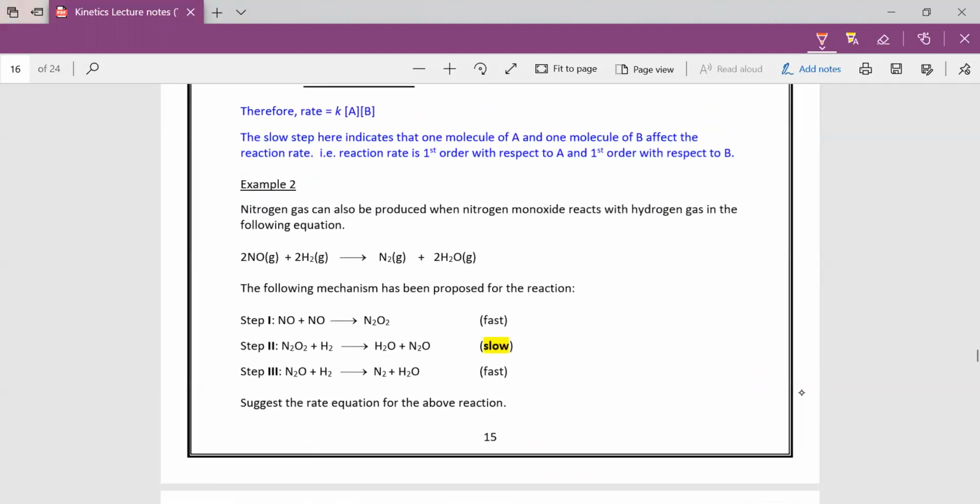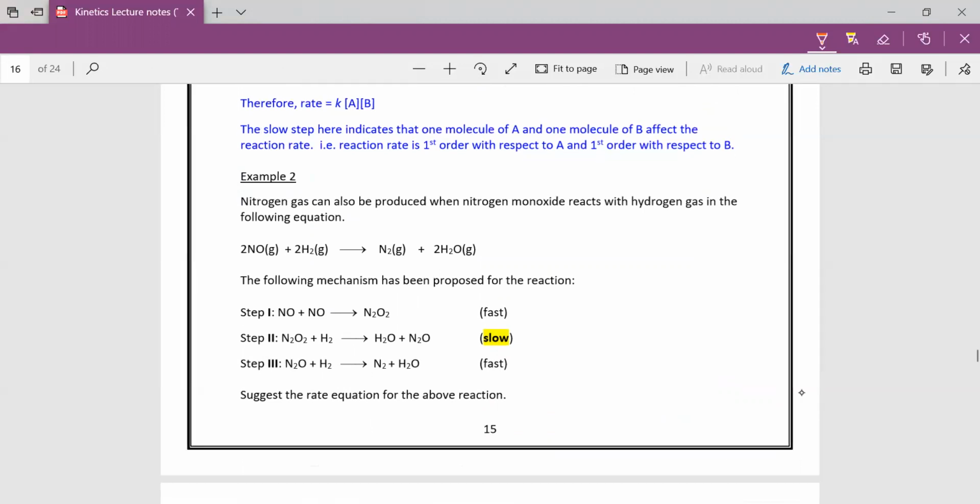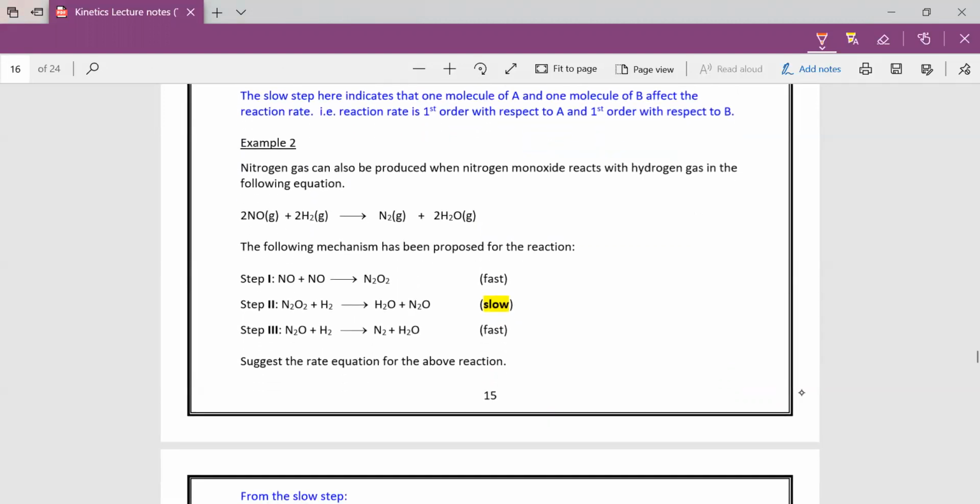Example 2. 2NO plus 2H2 gives you N2 and 2H2O. We propose this mechanism and suggest the rate equation. The rate equation is based on just the slow step.